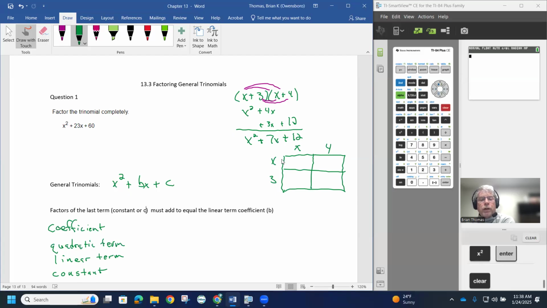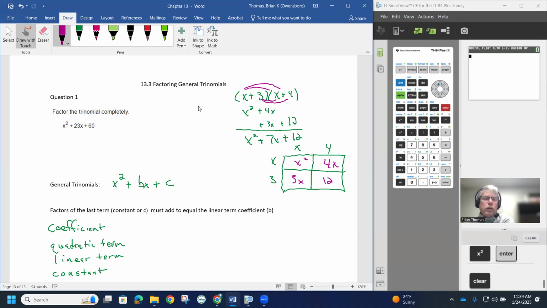So if I multiply the x through these top edges here, x times x is going to give me this x squared. X times 4, or 4 times x would be 4x. So a lot of times I like to go x times x is x squared, 4 times x is 4x. And then x times 3 would be 3x, and then 4 times 3 would be 12.